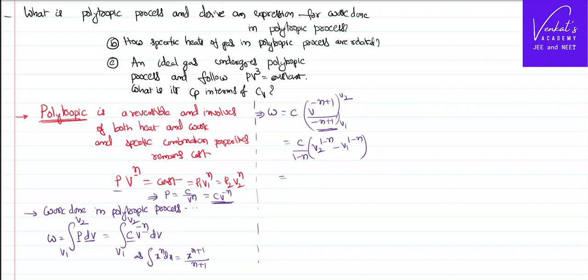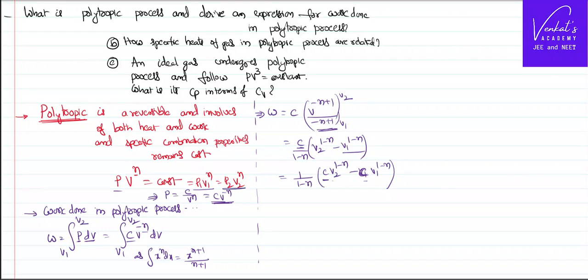I can apply that C to inside as 1 by 1 minus n of C V2 power 1 minus n minus C V1 power of 1 minus n, taking this C inside. In the place of this C, I can write either P1 V1 power n or P2 V2 power n. As the neighboring term is V2, first I will write P2 V2 power n.